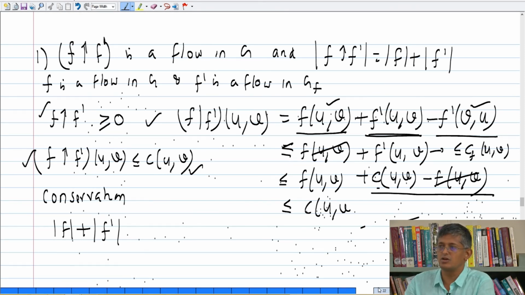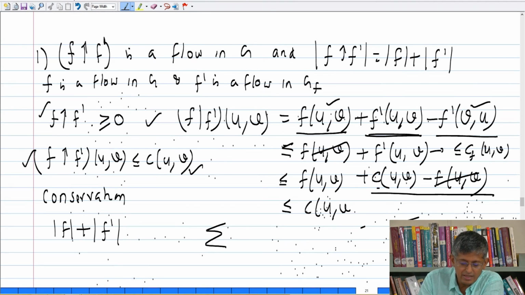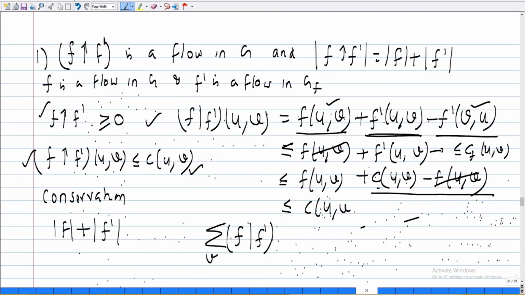Okay. I think I'll just stop here, because most of this is just observations. When you look at conservation, you have to write down at any node u other than s comma t, summation over v, that this is equal to f augmented with f prime, v comma u.